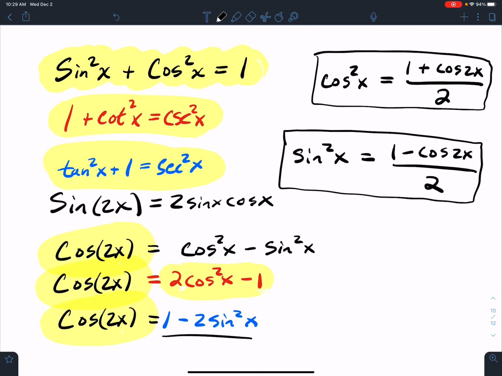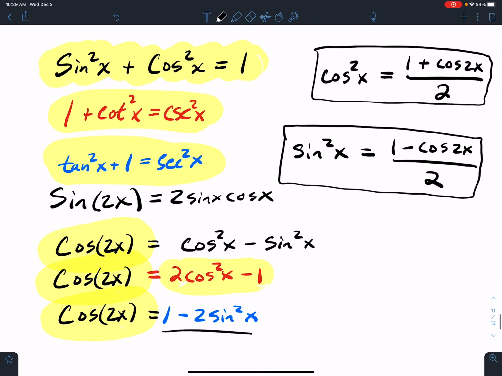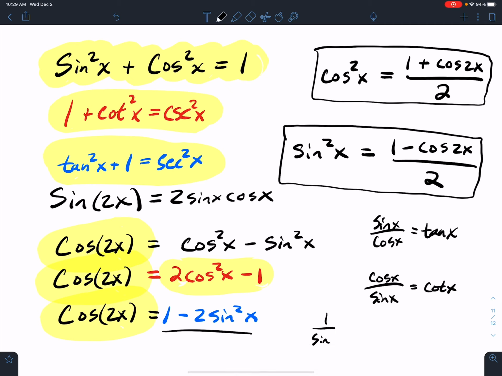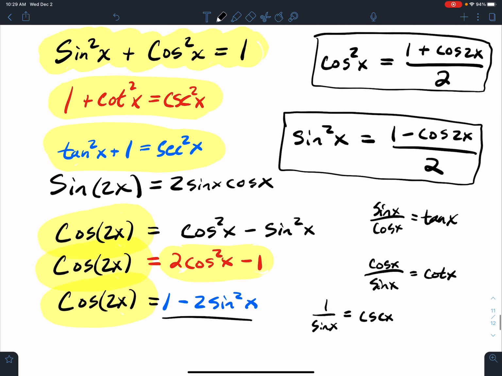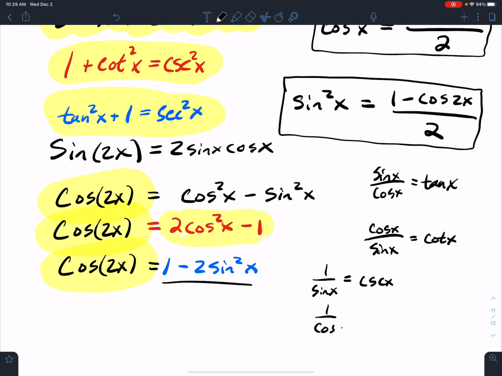Now, other identities you obviously need to know. You need to know that sine x over cosine x is tangent x, right? And then the reciprocal, cosine x over sine x, is equal to cotangent x, right? These are those easy identities. 1 over sine x is cosecant x, obviously. 1 over cosine x is secant.